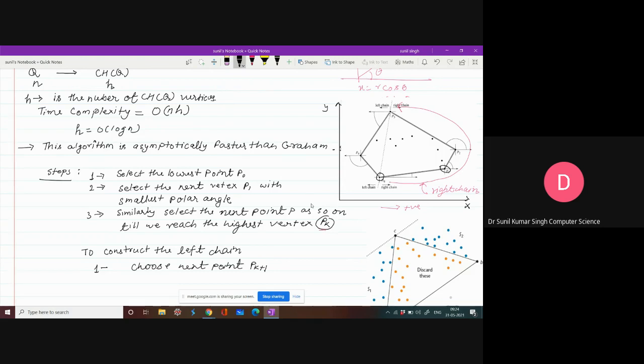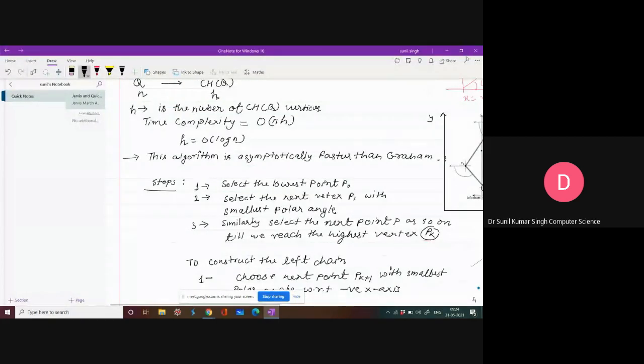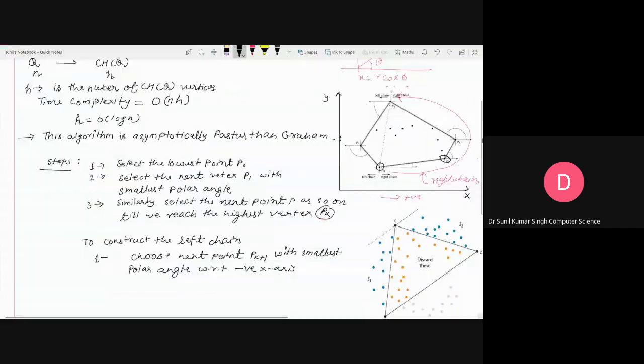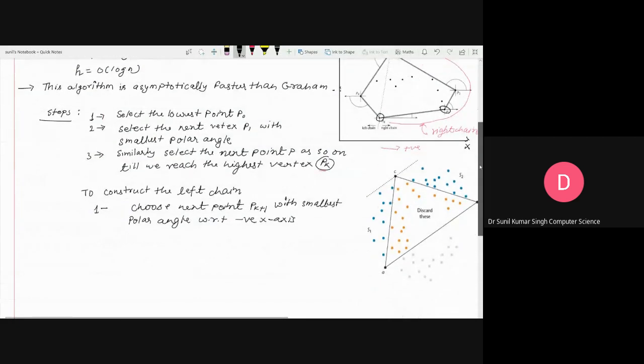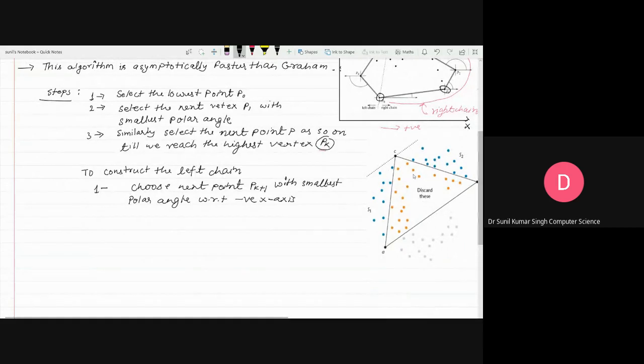Choose the next point Pk plus 1 with the smallest polar angle with respect to the negative x-axis. And then repeat the step.